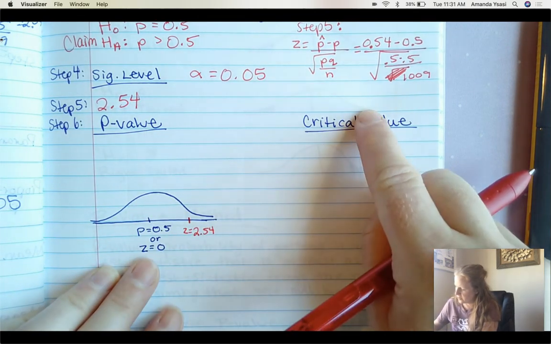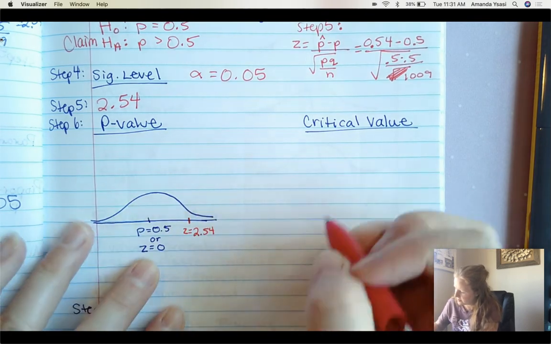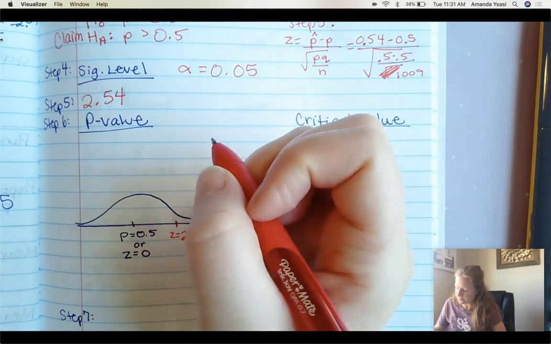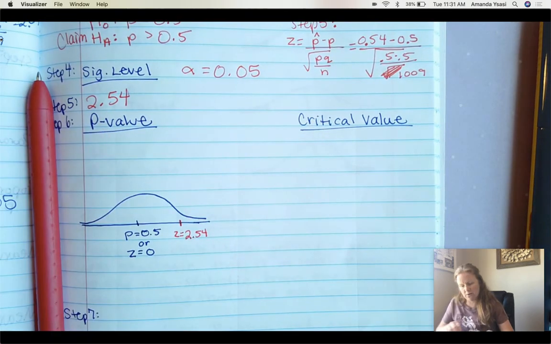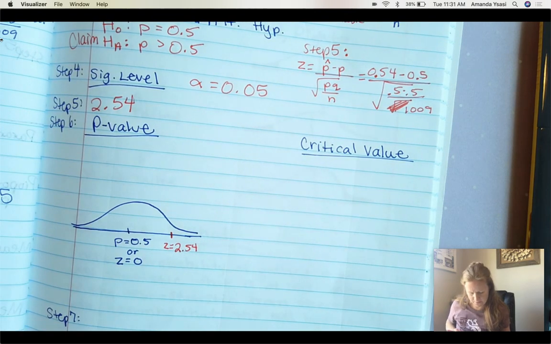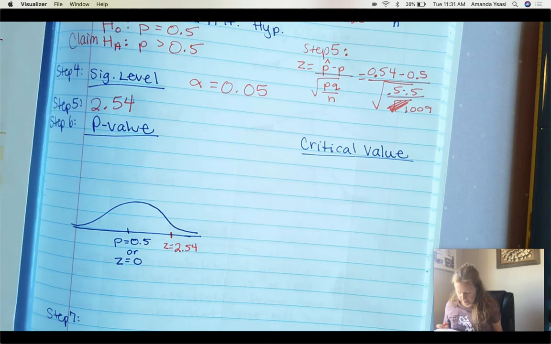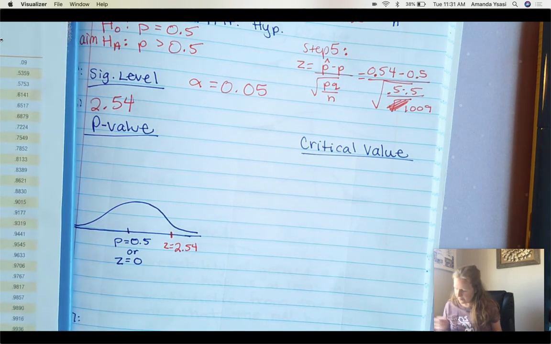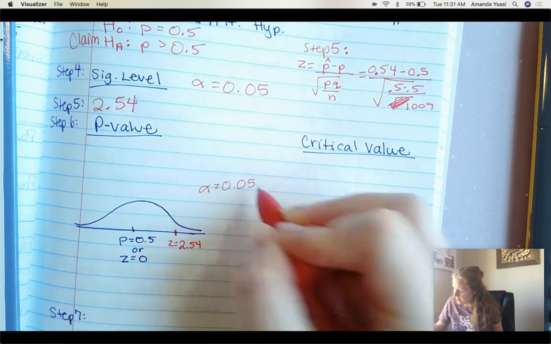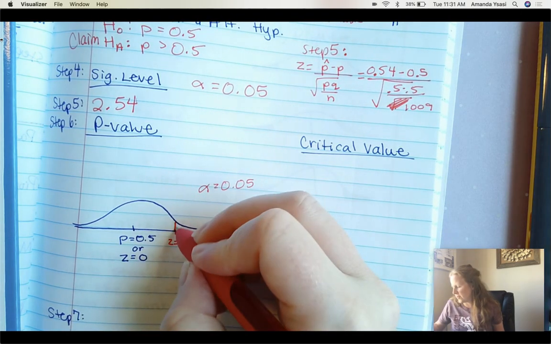Oh, this is for critical value. I had these switched. So we need to look at the area. We're doing alpha is 0.05, so that's this critical area.